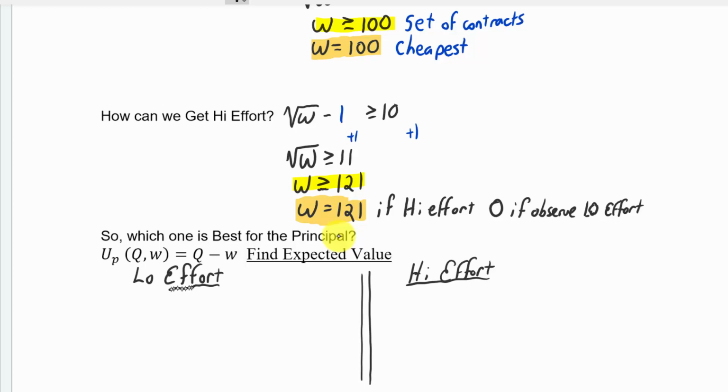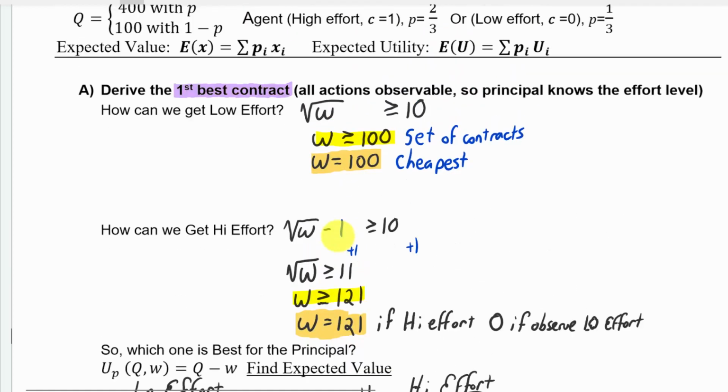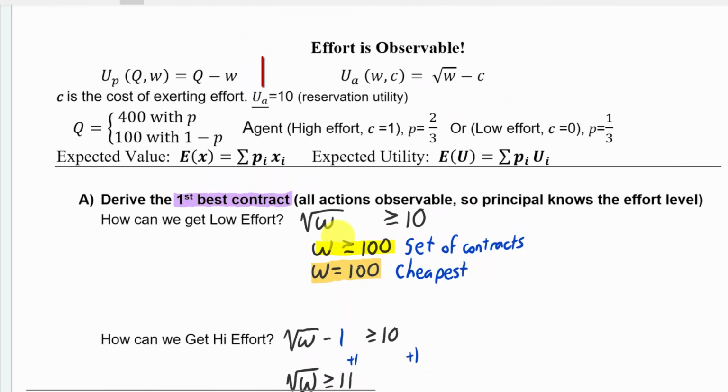Okay, so if we hired the person to provide low effort, our utility function as the principal, remember, is this function, the amount of output minus the wage, but the output is random. Could get 400, could get 100, and if we're paying the agent to give us low effort, then the probability of the high output will be only 1/3.